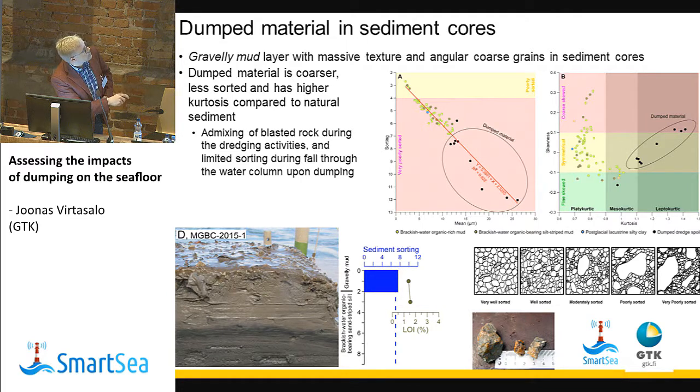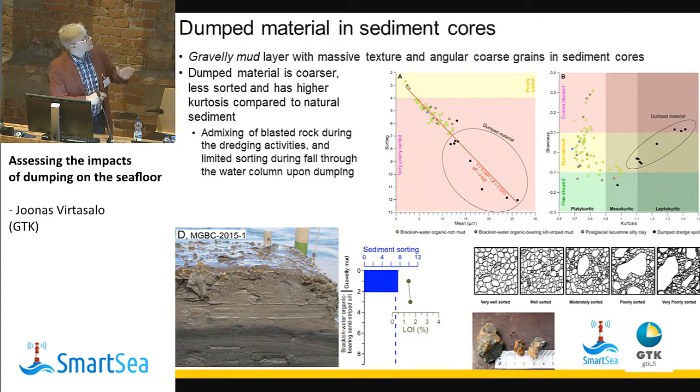But when you have poorly sorted sediment, you have a mixture of various grain sizes. And so we are here in this poorly sorted range. Here in green, we see samples from natural sediment, and these black dots are from dumped material.